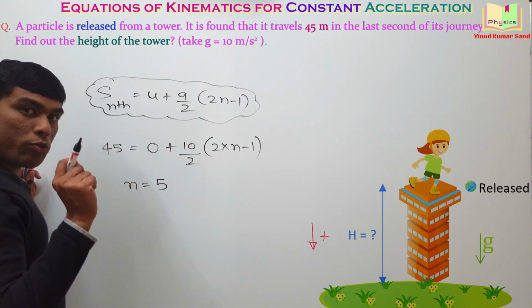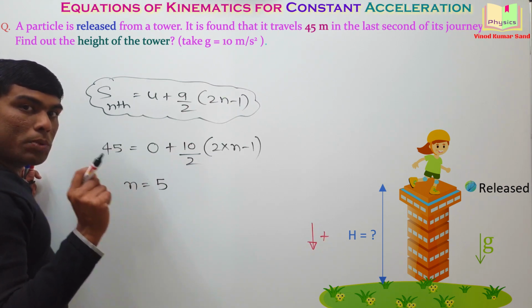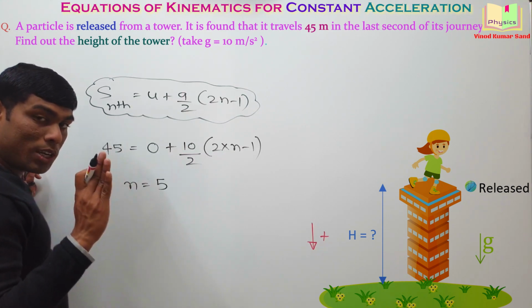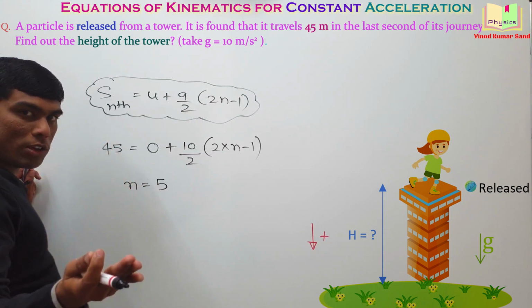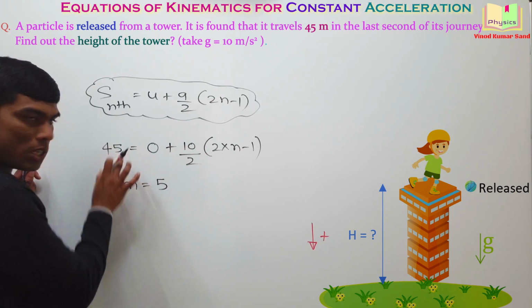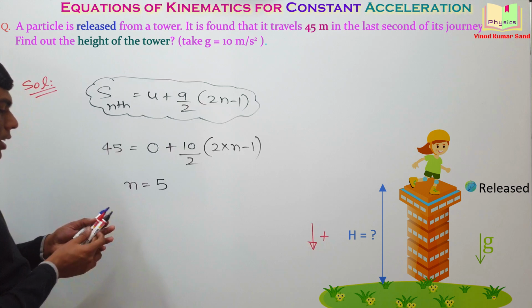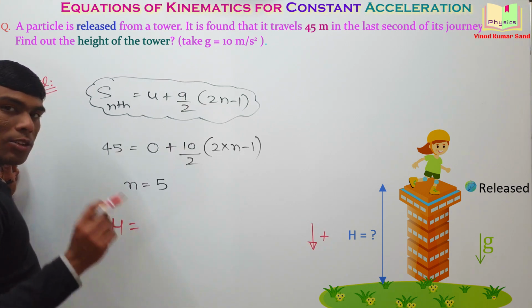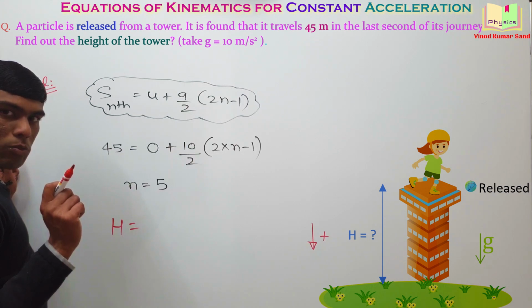So at the 5th second, it will be traveling the 45 meter. Means from t is equal to 4 second to t is equal to 5 second time interval, it will travel a distance of 45 meter. Now we need the height of the tower. Assume that the height of the tower is h, and then we are using again the second equation of motion.